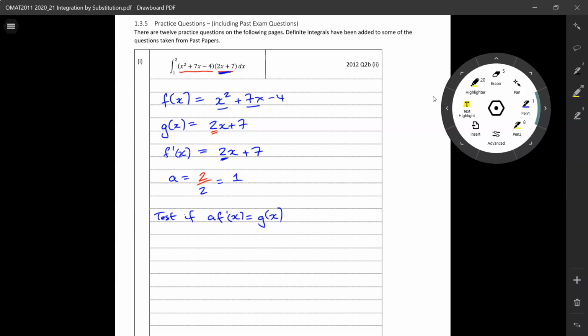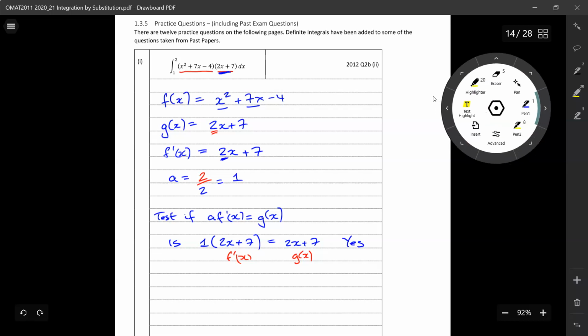So 1 times f prime of x, where f prime of x is 2x plus 7, is that equal to 2x plus 7? So this term here is f prime of x, this term here is g of x, and of course that's true.